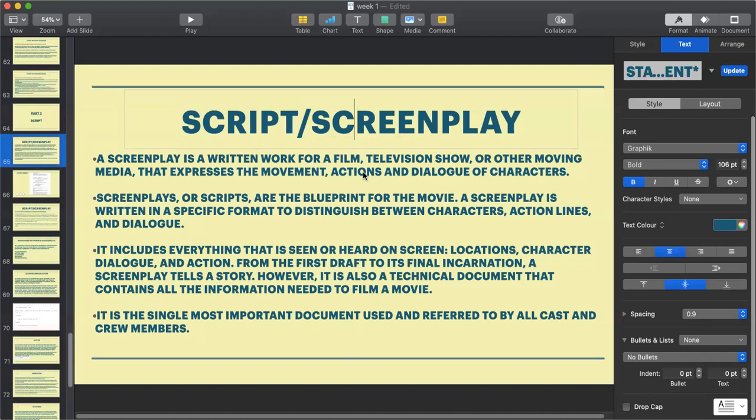For any kind of moving media, for a film or television show or anything, the writing that you are doing is basically called a script. Now, understand this very properly, okay? For example, in a story, you have written, on a sunny day, Jack, a character's name, on a sunny day, Jack went out to work.